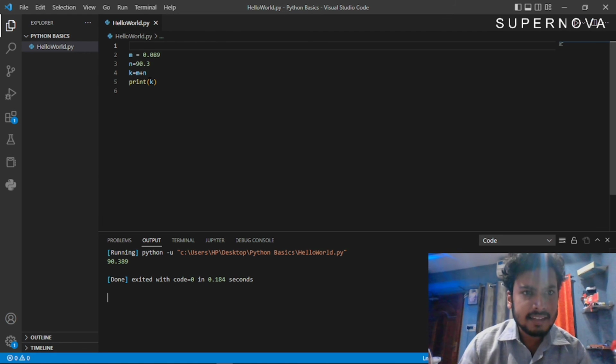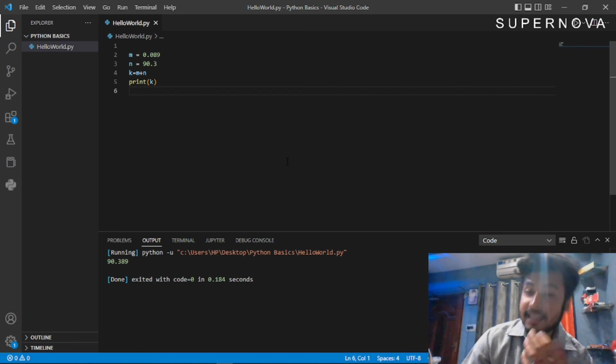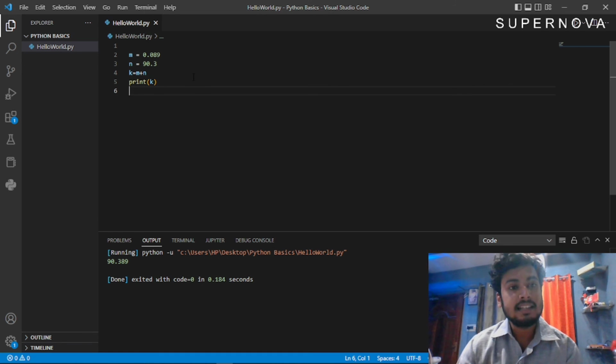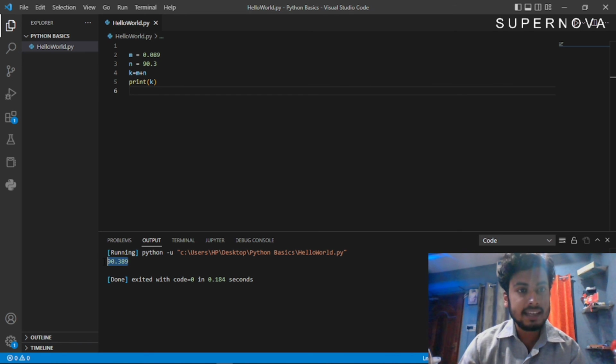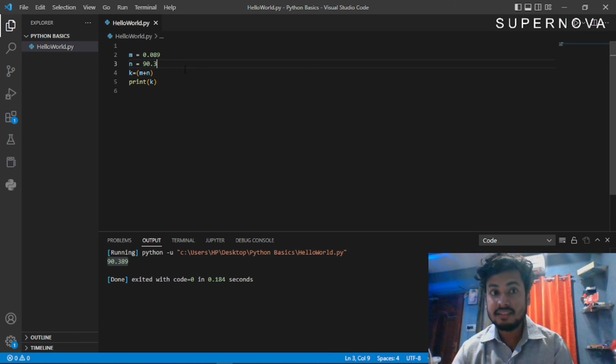See, is it coming? We are actually adding m and n together, which is k, and printing k, and the value of k is 90.389. Is it correct? Yeah, we can say it's correct. But if we put a bracket over here, both the m and n were floats.